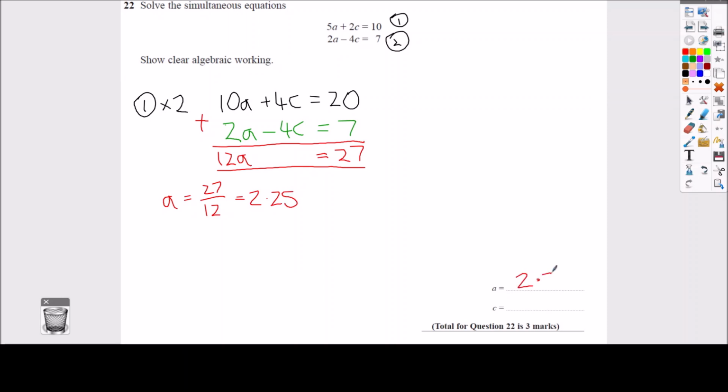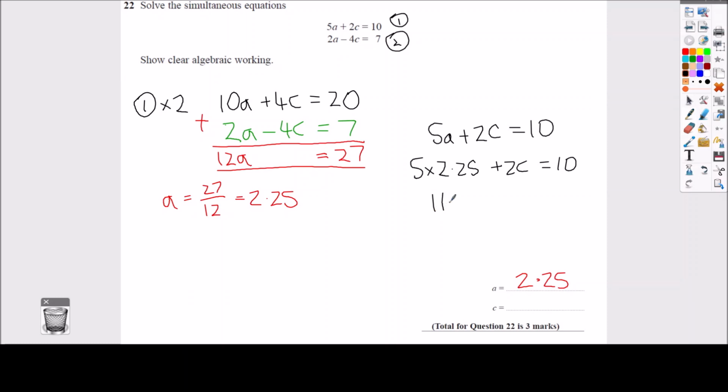Now, to work out C, we're going to substitute what we now know A to be back into one of the original equations. Now, I'm going to take the top equation, 5A plus 2C equals 10. And as I said, we've just worked out that A is 2.25. So 5 times 2.25, added together with 2C equals 10. Now 5 lots of 2.25 is 11.25.